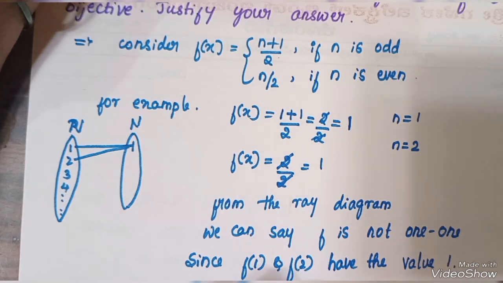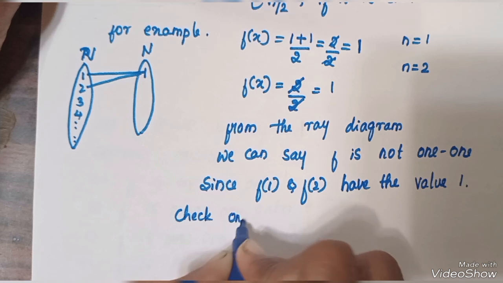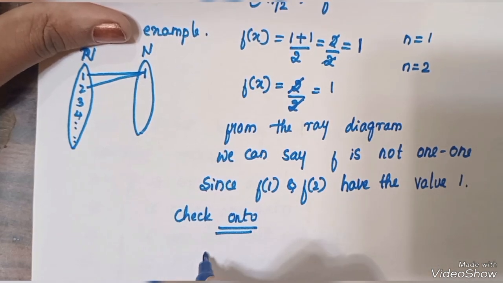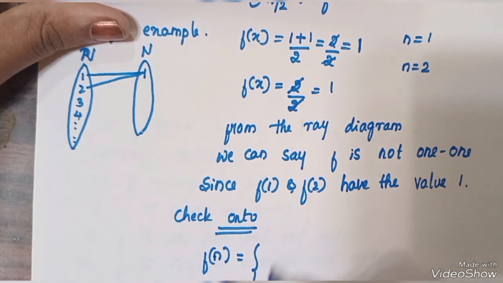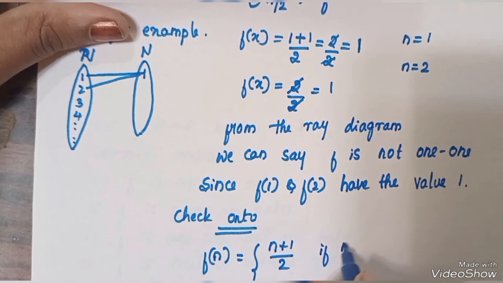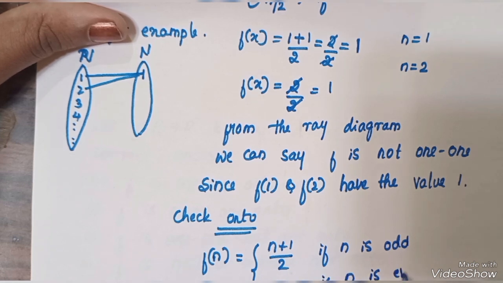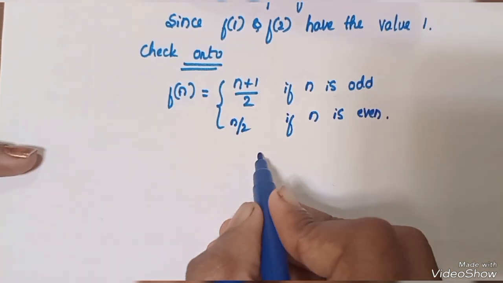Again, check the condition for onto. Now here f(n) = (n + 1)/2 if n is odd, and n/2 if n is even. There are 2 cases in this problem.